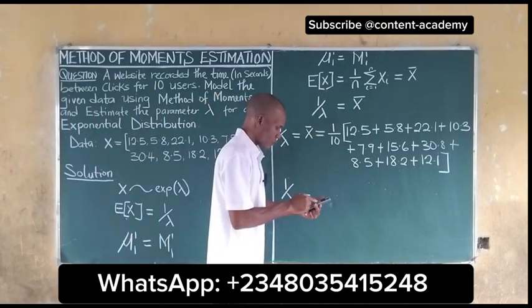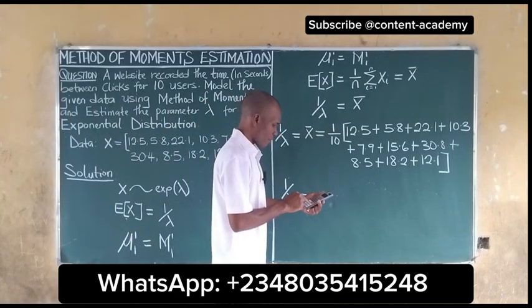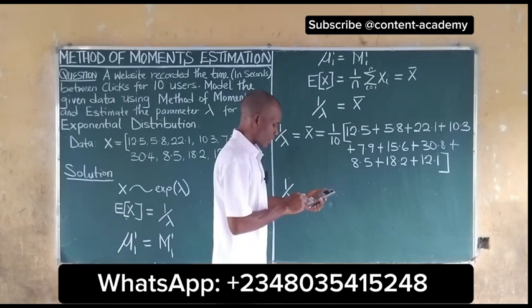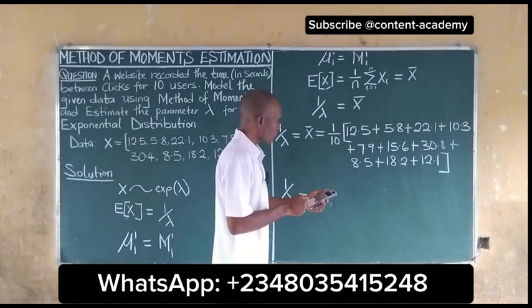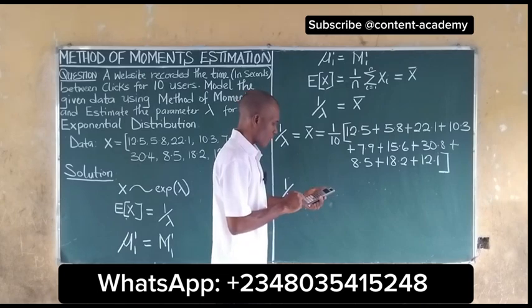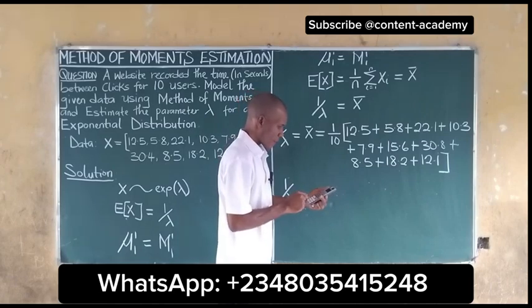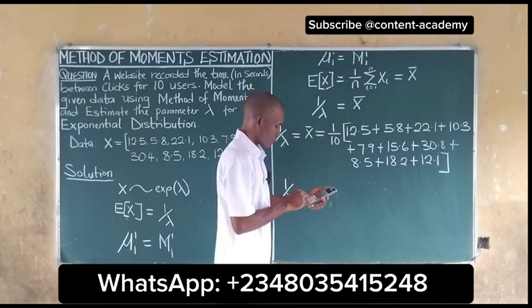Adding it will give us 12.5 plus 5.8 plus 22.1 plus 10.3 plus 7.9 plus 15.6 plus 30.8 plus 8.5 plus 18.2 plus 12.1.